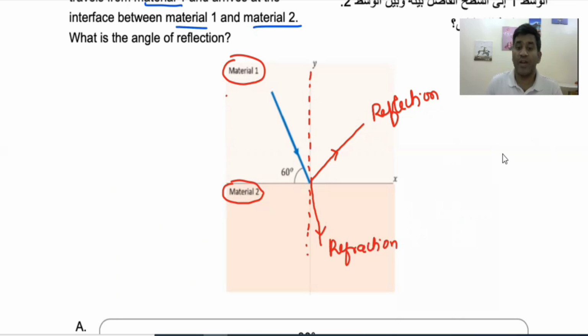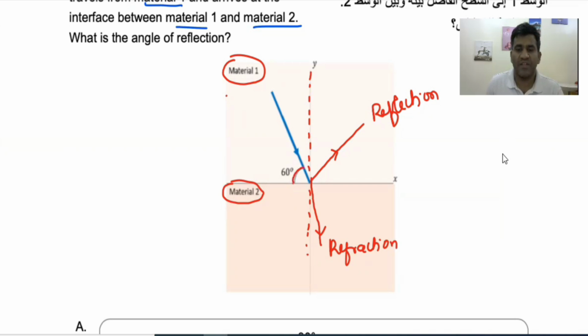Now the question is about what is the angle of reflection. So how do I calculate the angle of reflection? Whenever the light ray bounces back by hitting a medium's boundary, the angle of reflection is the same as the angle of incidence. Now you may ask, what is the angle of incidence? This is not the angle of incidence.